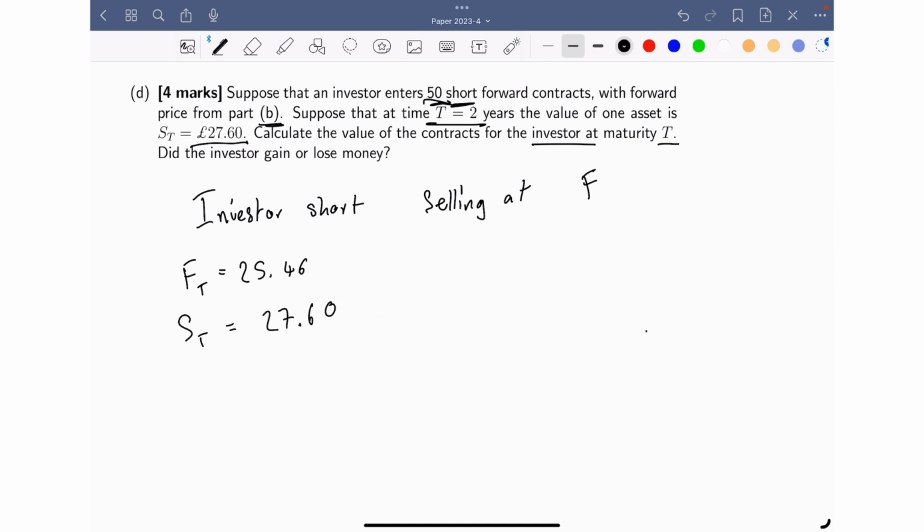So essentially they're selling at this price, and because S_T is greater than F, the investor is making a loss.